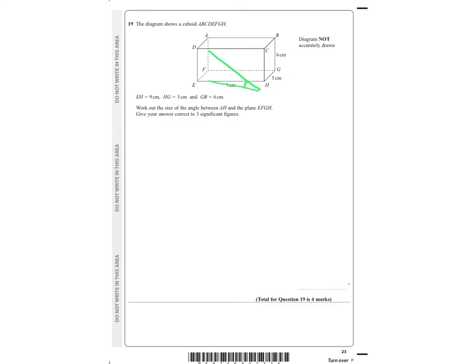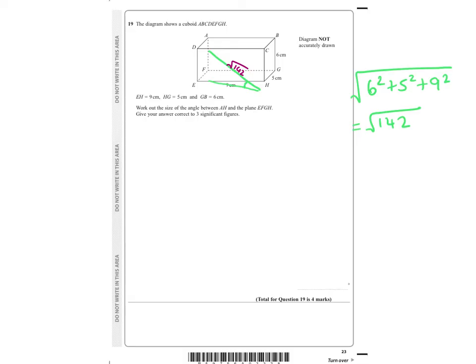Now, to find the length of the line from A to H, we can do the square root of 6 squared plus 5 squared plus 9 squared. That's going to give us the square root of 142. So that line right there is root 142.